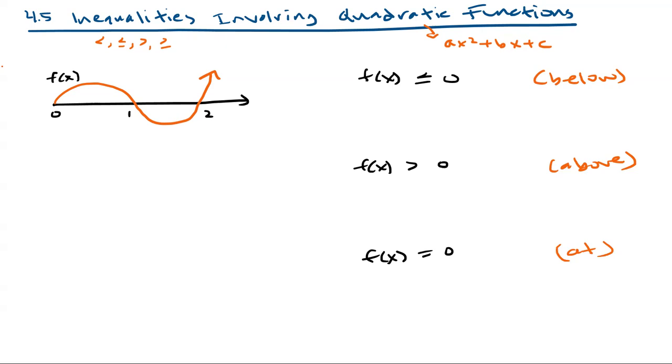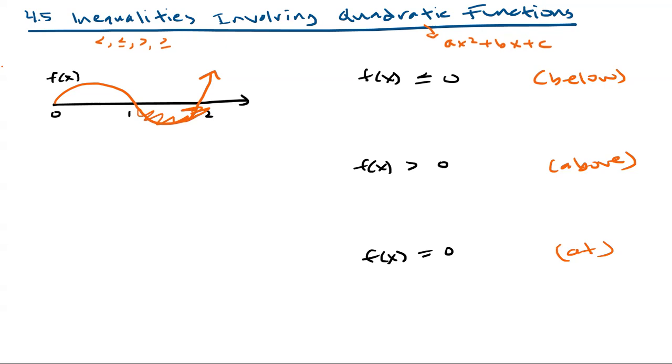Okay, so for example, for this one, f of x is less than or equal to 0. It's asking where is the person below or in the pool? Well, if you look at our graph, the person is in the pool in this area. That means from 1 to 2.